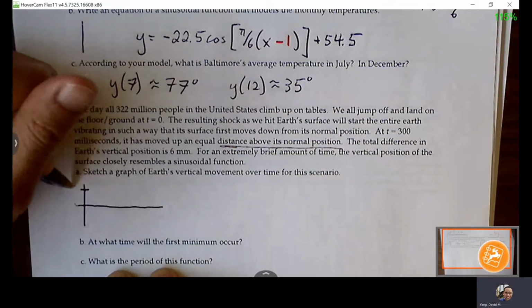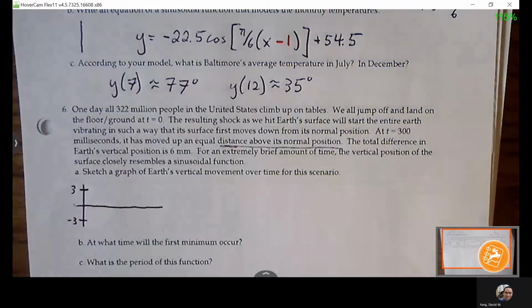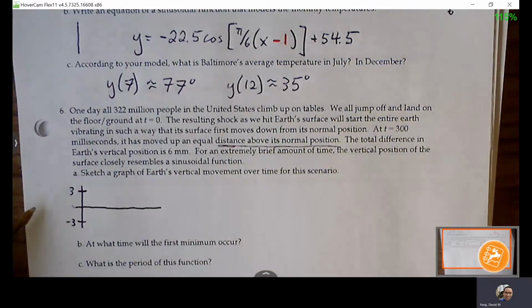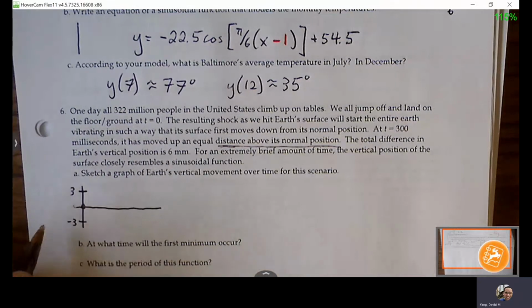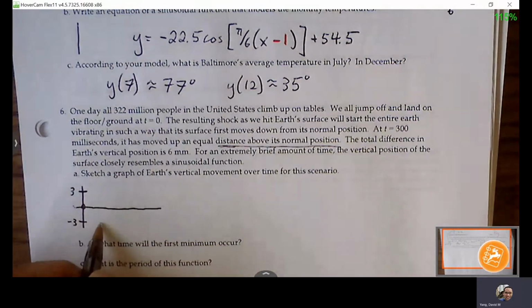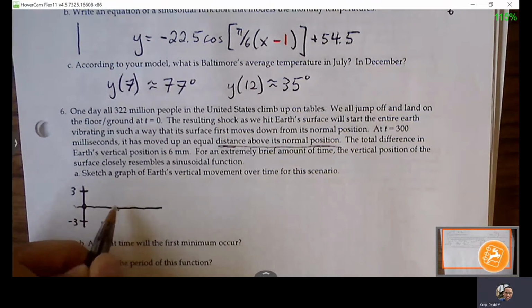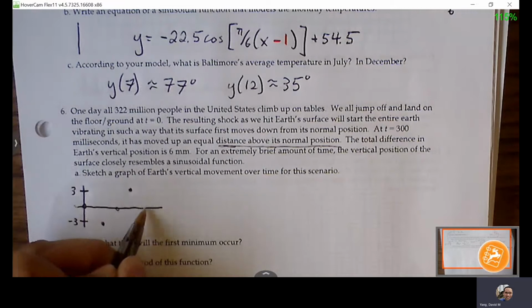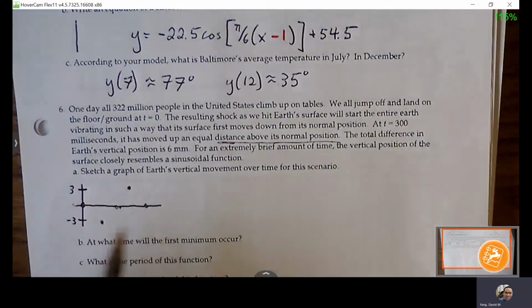We know the max and min is going to be 3 and -3 because we know that total vibration is just going to move at a maximum distance of 6 millimeters. At t equals 0, we're at the normal position, but it's going to move down, right? But eventually, it's going to make its way back up to its maximum position and then back down, right? So this is kind of resembling a sine graph already.